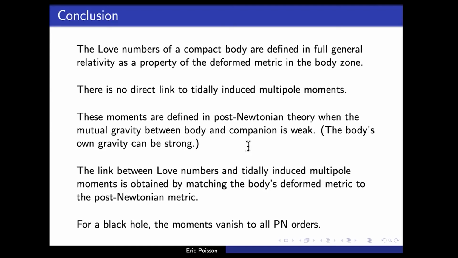So I'm not claiming that this is unique, but I'm claiming that this is at least unambiguous, that it gives you a very solid prescription to go from Love numbers to multiple moments, especially when you're modeling your waveforms in a way that's strongly inspired from post-Newtonian theory. The way that people calculate templates is to start from post-Newtonian and add terms that are motivated from post-Newtonian theory.